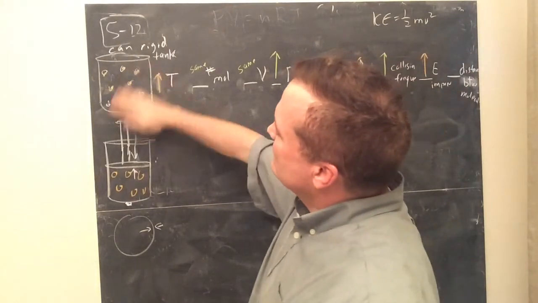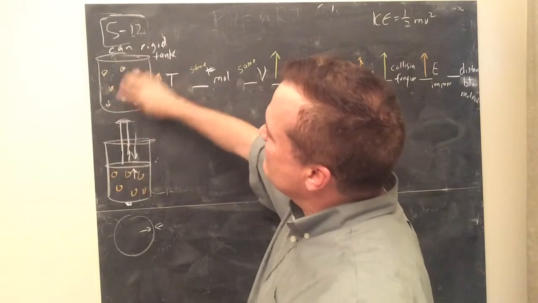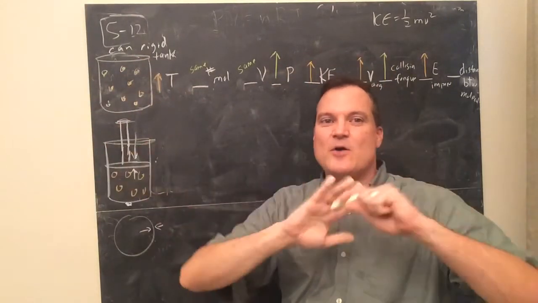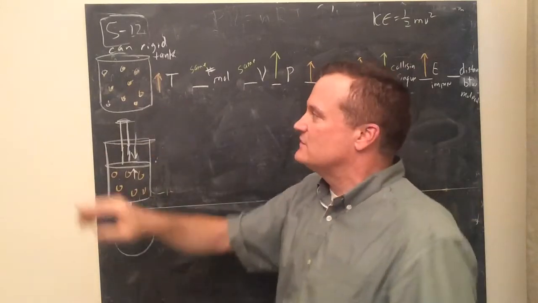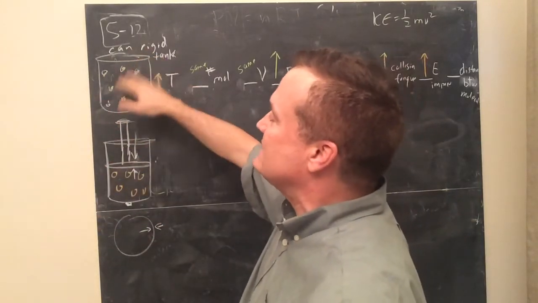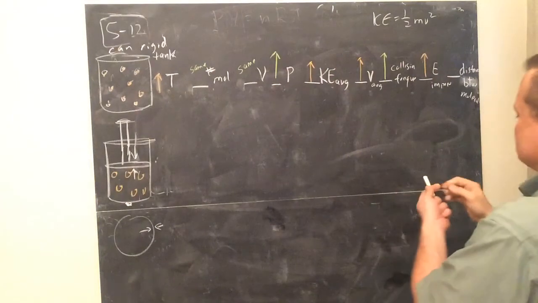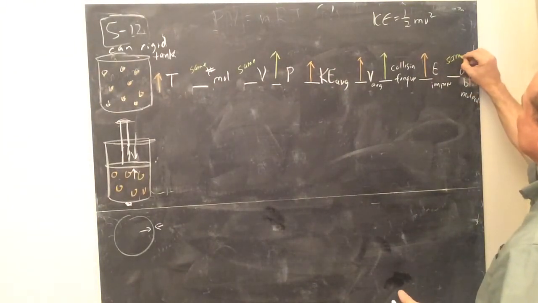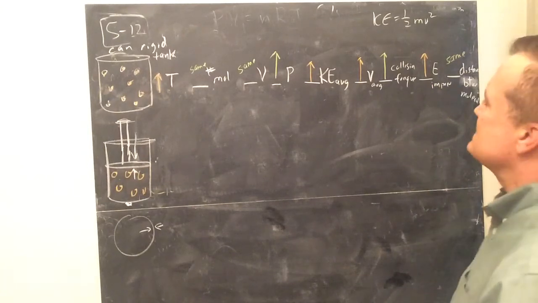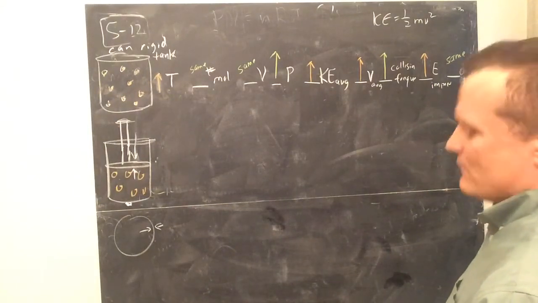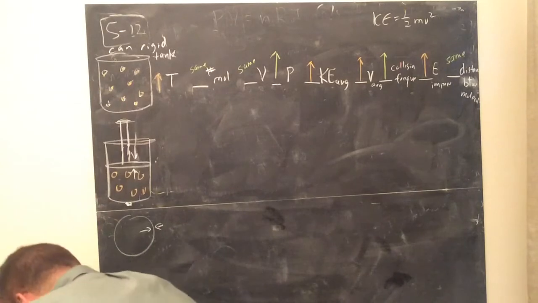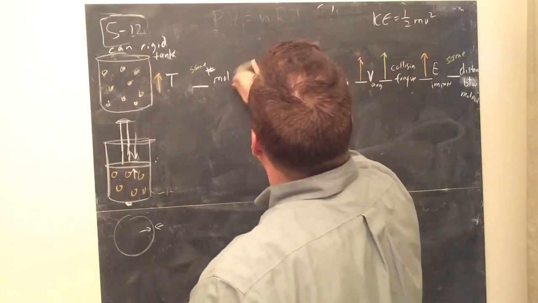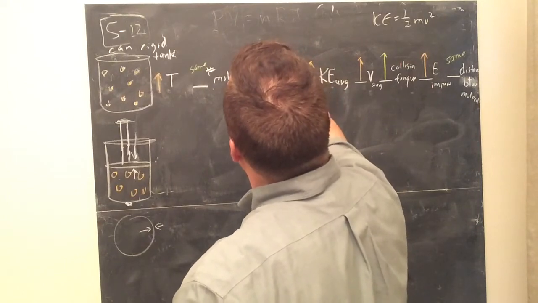And what about the distance between molecules? If they're moving fast or slow, it doesn't matter. Gases are always going to spread out homogeneously, equally throughout to distribute themselves through a space. So that stays the same. The volume's the same.